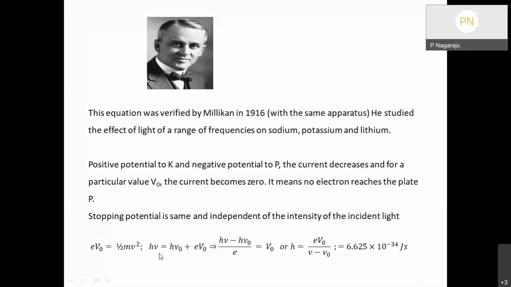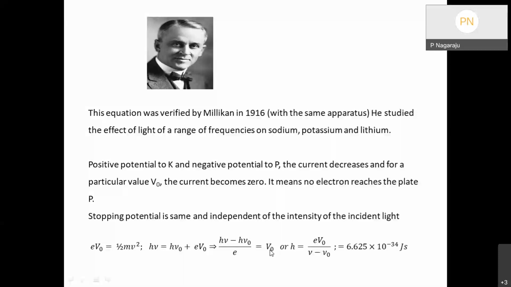I have given that h nu is equal to h nu naught plus half mv square. And h nu we can also write as h nu naught plus eV naught. Either you can write it in terms of phi naught or h nu naught. This we can modify as h nu minus h nu naught over e is equal to V naught.